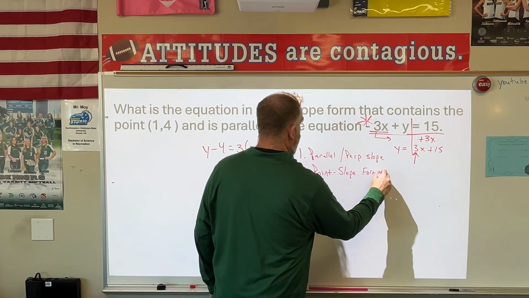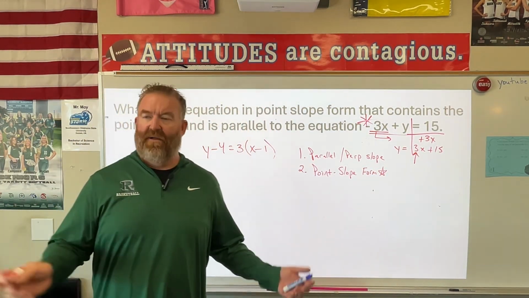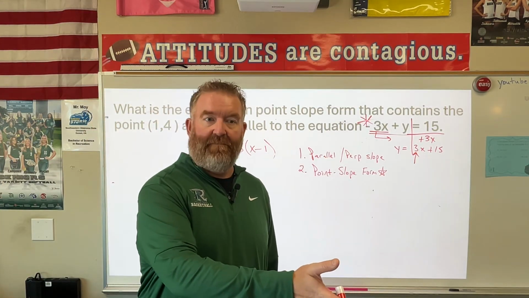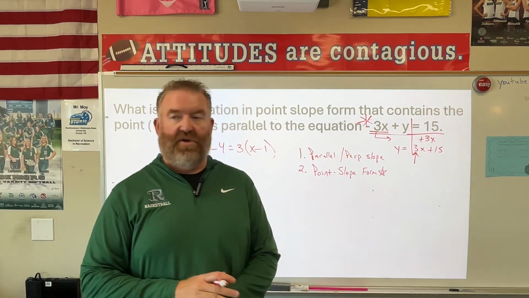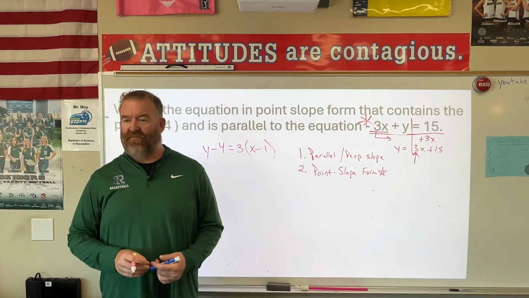You have to know how to do that. If you notice, I would say more than half of the test involved using point slope form. Did it not? Yes, it did. So if you don't know point slope form, you are going to struggle. We're probably going to practice that here in a minute, because it looks like that's probably the biggest part of the test.